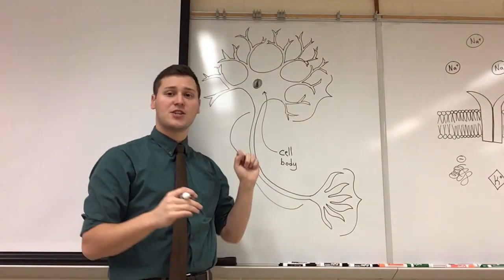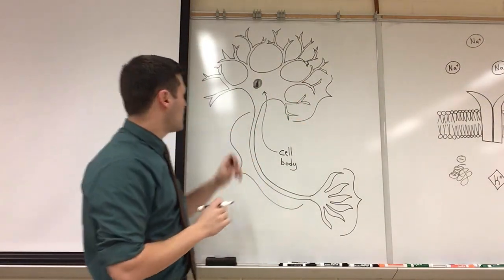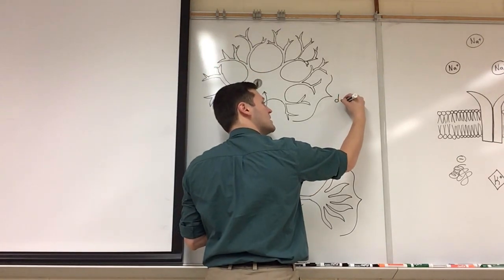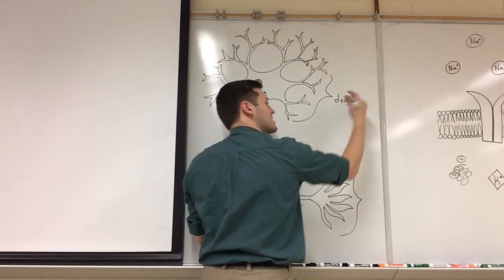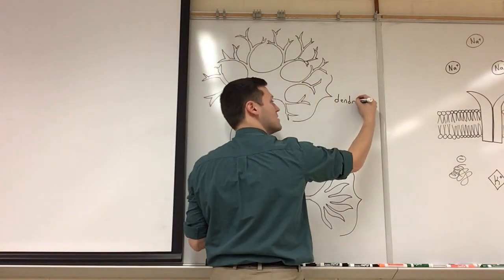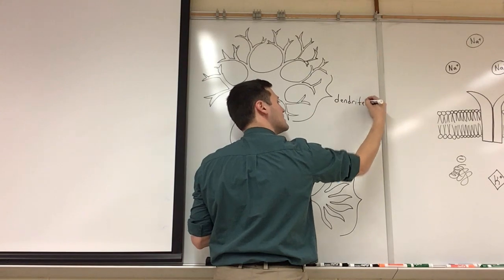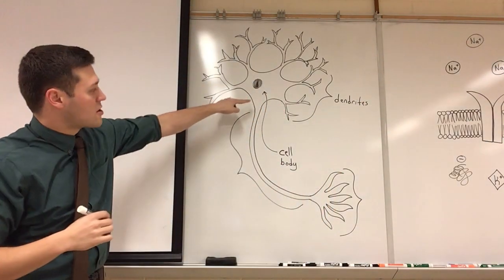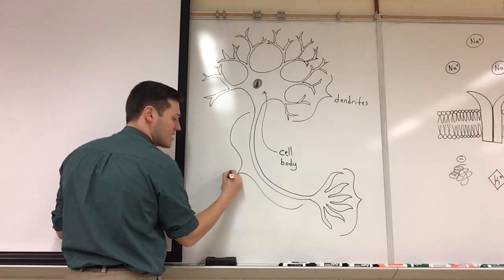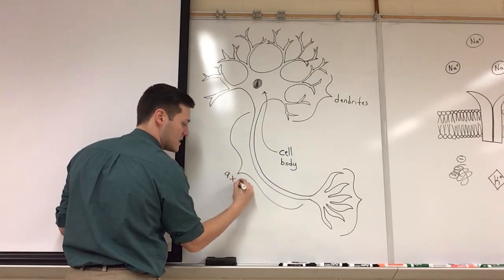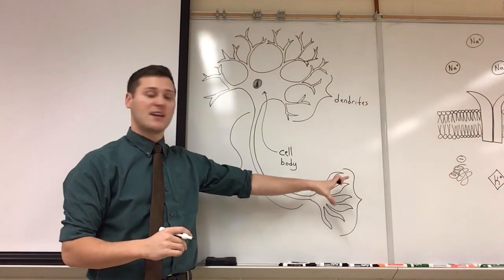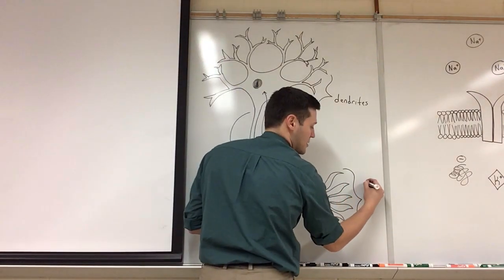These extensions from the cell body towards the top, those are called dendrites. They are cellular processes that receive signals from other neurons. This long process right here is the axon. And the ending points of the axon are the axon terminals.